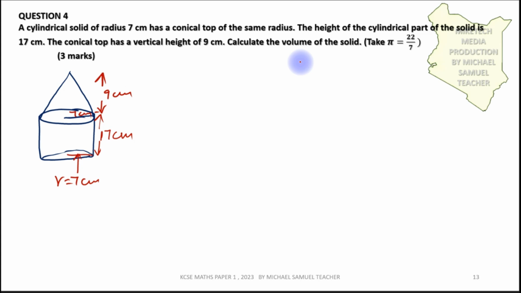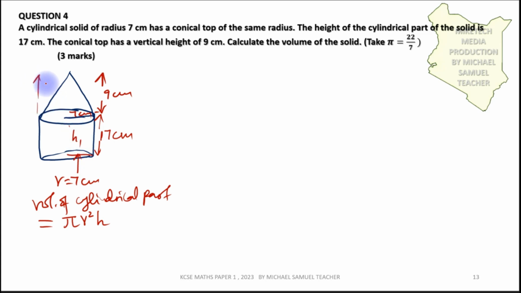So to get the volume of the solid, we need to get the volume of the cylindrical part plus the volume of the conical part. So the volume of the cylindrical part will be given by pi r squared times height. In our case, we will consider this as height 1 and the other one as height 2 to make it clear.